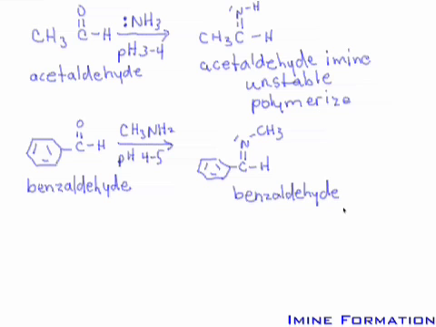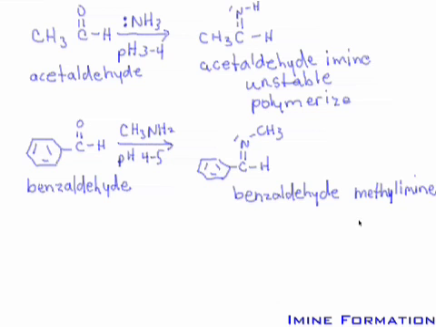Okay? If I just say benzaldehyde imine, there's no distinguishing between an NCH3 and an NH. So imine's insufficient. In actual fact, this is a benzaldehyde methylamine. So in front of imine, we put the name of the alkyl group. Benzaldehyde methylamine.